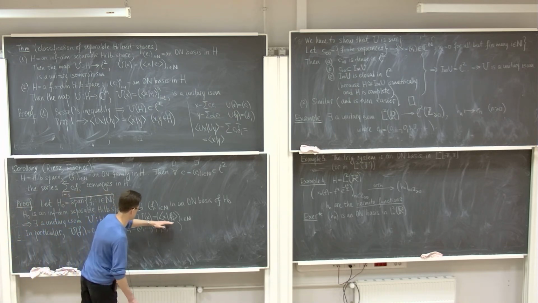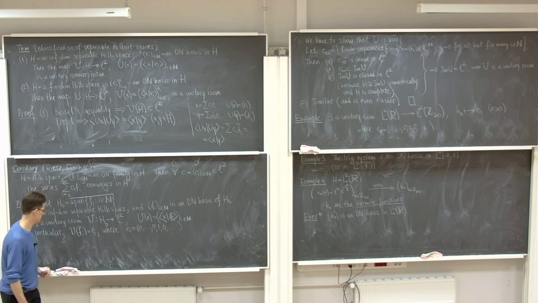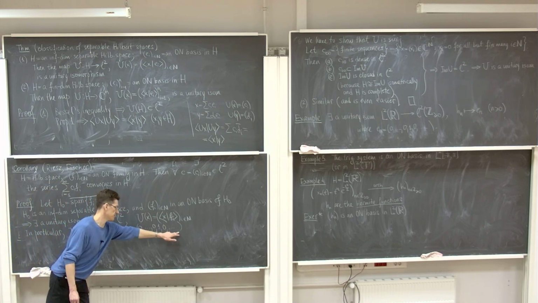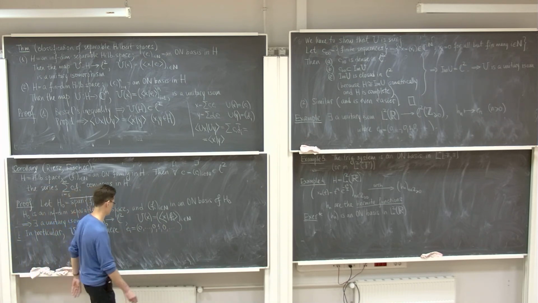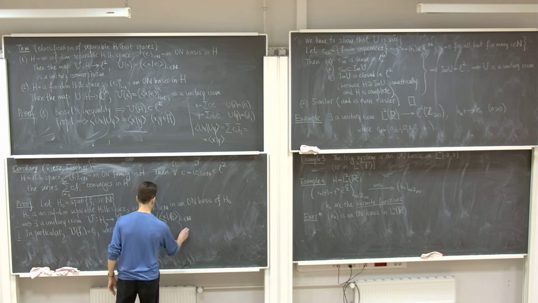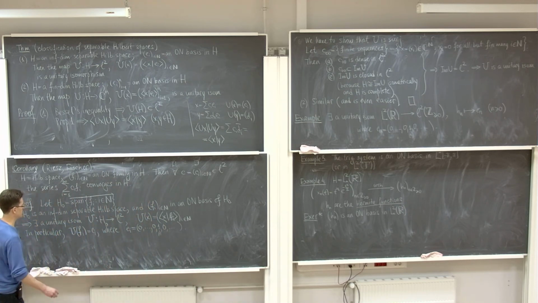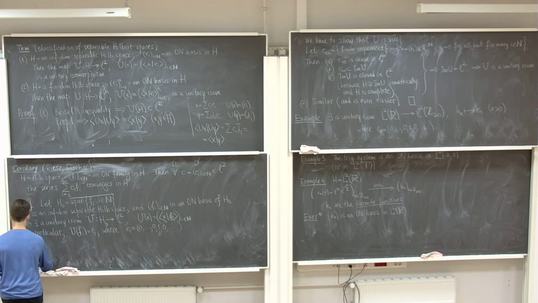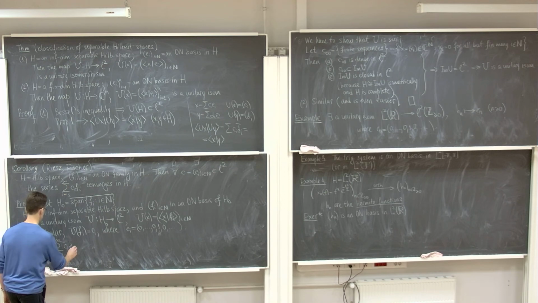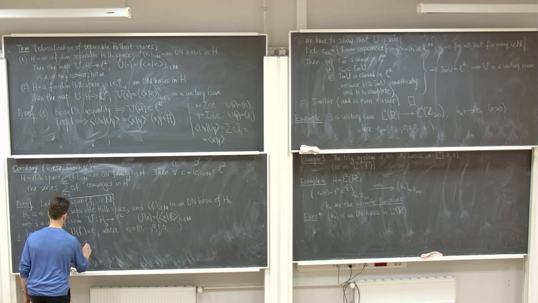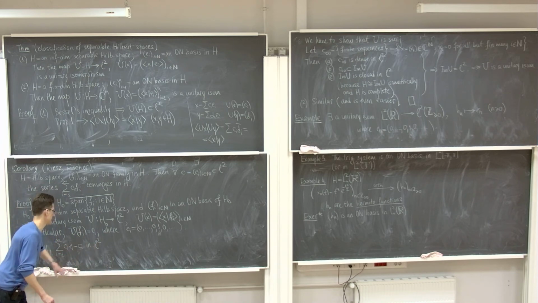Okay, so this formula for U implies that U takes Fi to Ei, where Ei is given by this formula. And clearly, if we consider the following series, sum of ci ei, then it converges to c in l2, just by the definition of the little l2 norm.